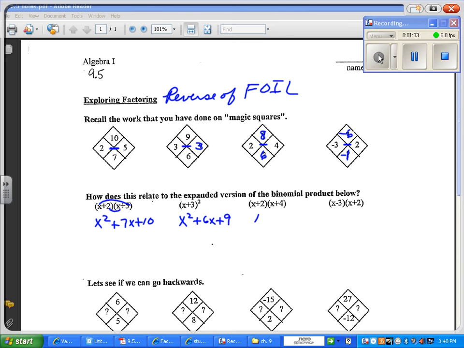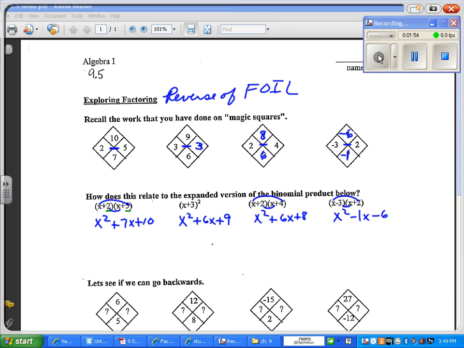The next one, you have x squared plus, outers are 4x, inners are 2x, that gives you 6x plus 8. And then you have x squared, outers are 2x, inners are negative 3x, so that adds up to a negative 1x minus 6.